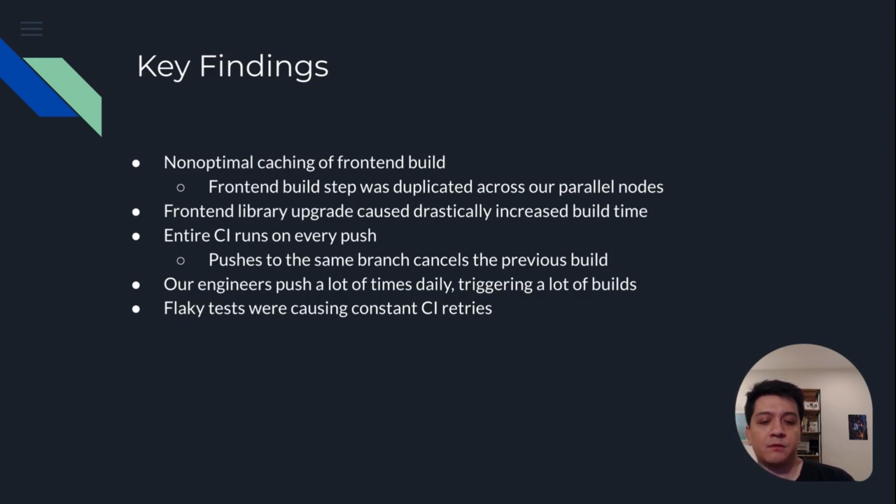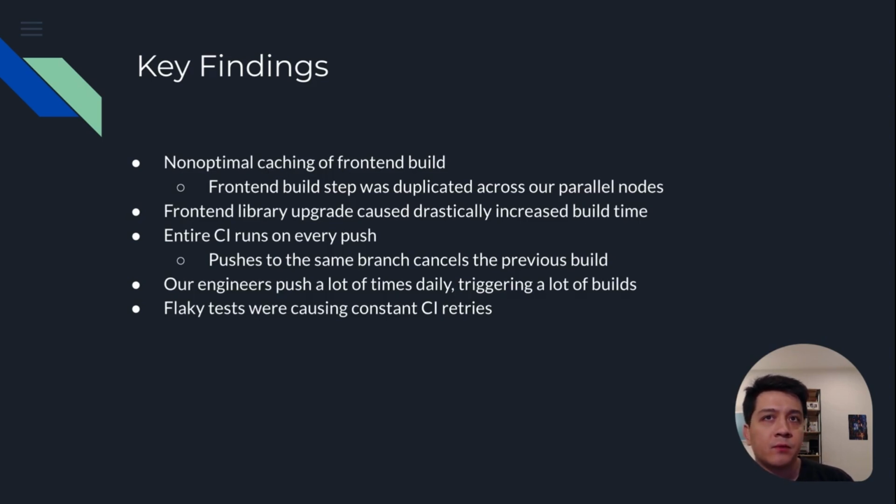You want front-end to only build once, and then in your parallel nodes you can pull down that build and run your tests. As much as possible, you want to decrease work that is repeated in those parallel nodes just to save yourself build time.